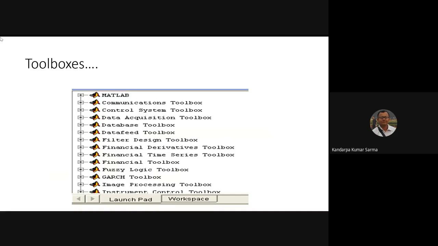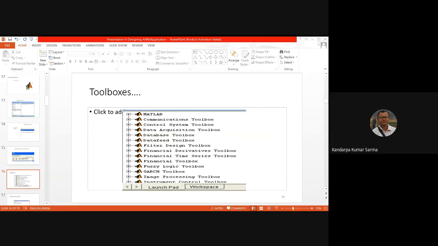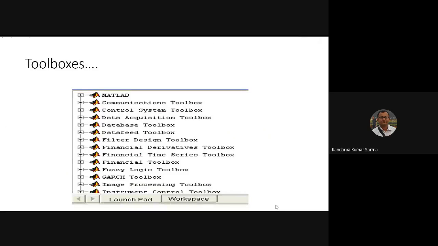Toolboxes, there are more than 50 toolboxes, and the list of toolboxes is continuously growing day in day out. So those toolboxes permit us computation from all known domains of science and technology, social sciences, and so on and so forth.